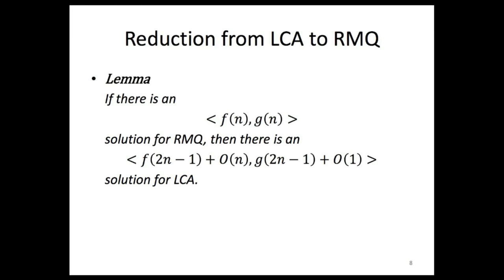And the lookup is some g of 2n minus 1 function, and we'll get to that again, plus O of 1, which is the cost of turning it back into the solution for the LCA problem.